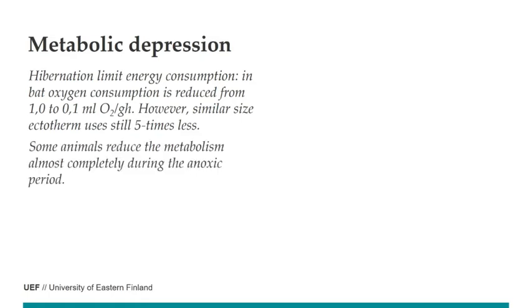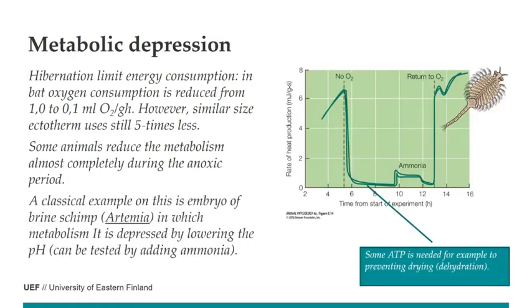But some animals are able to reduce the metabolism almost completely. A classical example of this is the embryo of brine shrimp. Normally the metabolism is about 6 millijoules per gram per second, and it's reduced almost to zero.